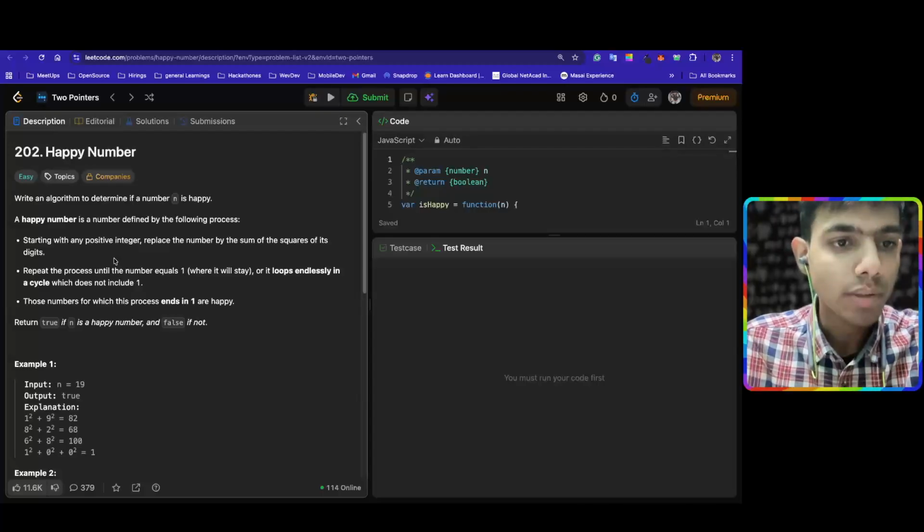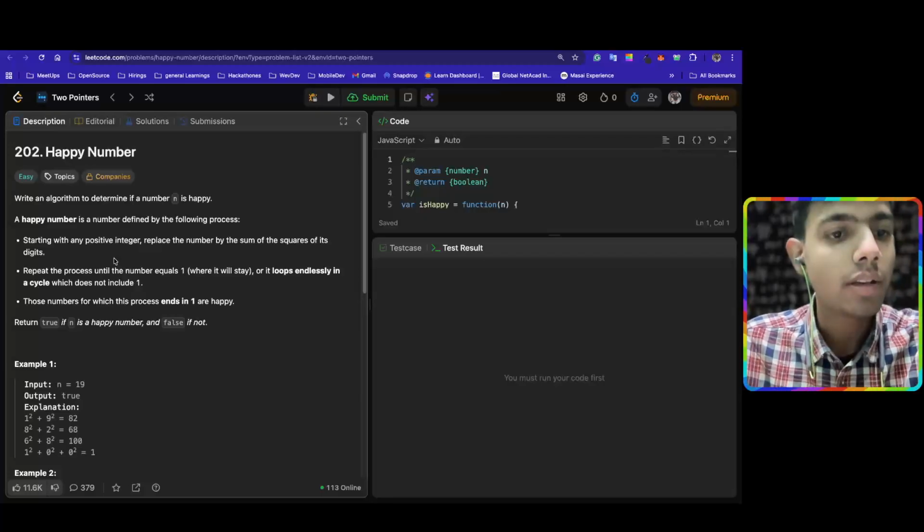Repeat the process until the number equals 1, where it will stay, or it loops endlessly in a cycle which doesn't include 1. Those numbers for which this process ends in 1 are happy. Return true if n is a happy number, and false if not.